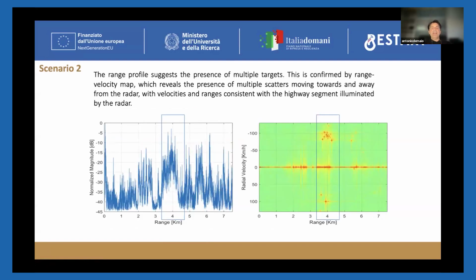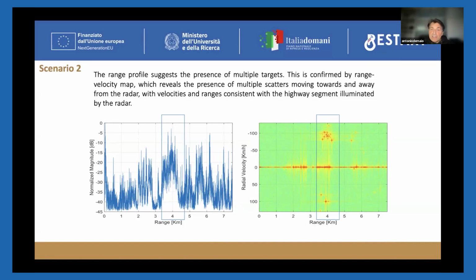And the nice thing is the analysis of the range velocity map, which is this one, along the segment which corresponds to the highway. The analysis of this map reveals the presence of multiple scatterers that are moving towards and away from the radar, I mean, with positive and negative velocities.